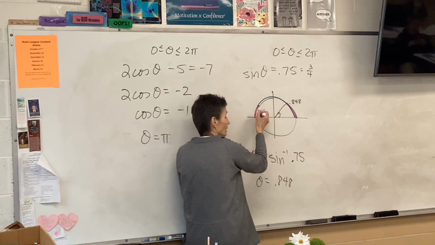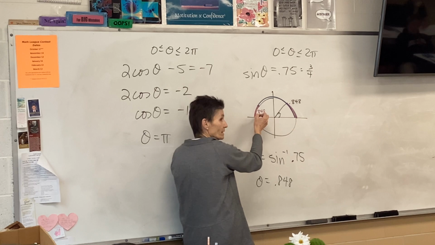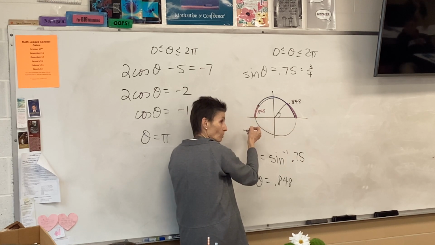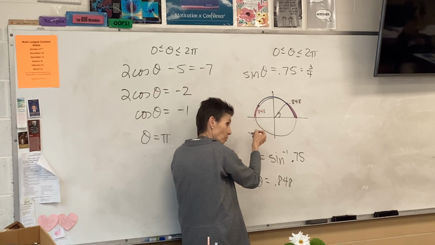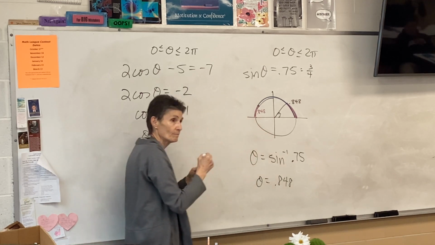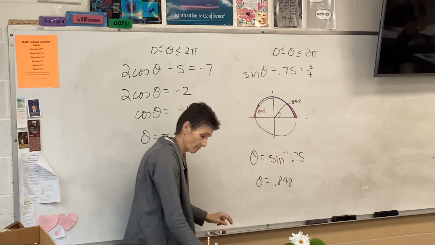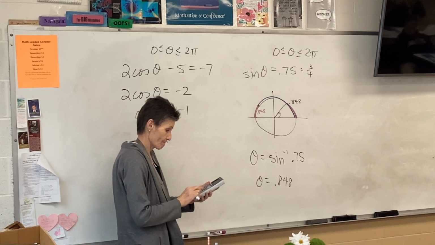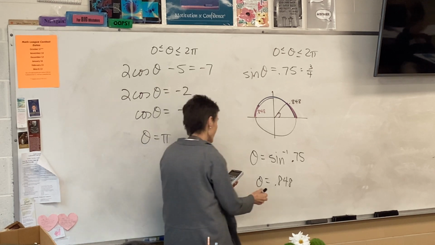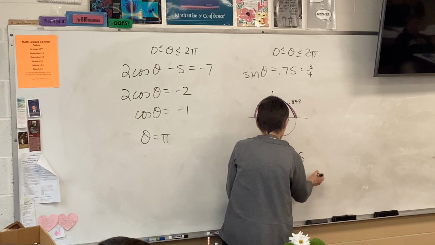Yeah. Okay, and all the way to here is pi. So if I only want the blue part, won't I take pi minus 0.848? And the other answer then is 2.294.